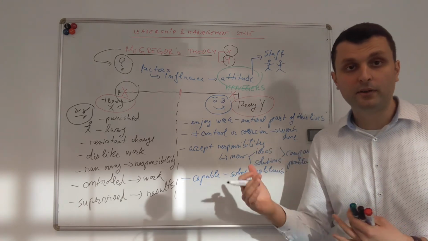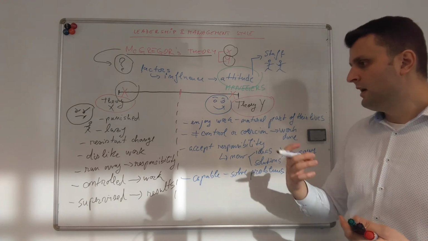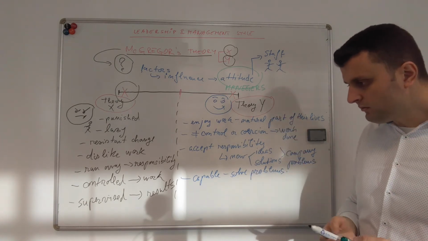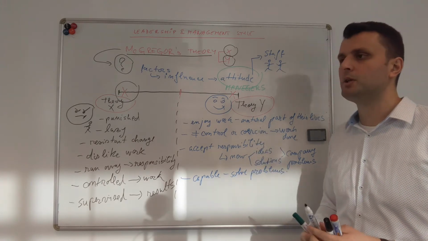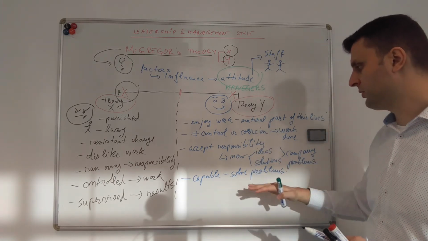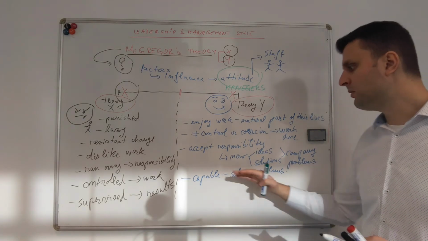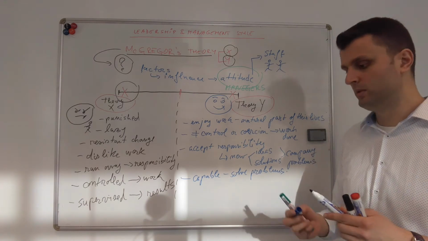Of course, there are different levels of problems depending on each employee's experience, let's say history with the company, preparation, education. So there are more factors to take into consideration when deciding how capable an employee is to actually take responsibility and solve problems.